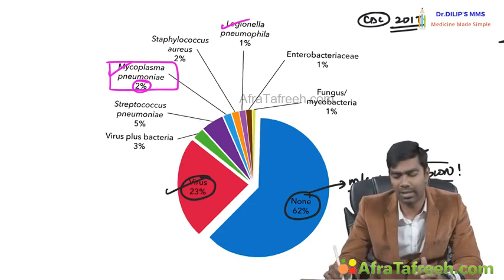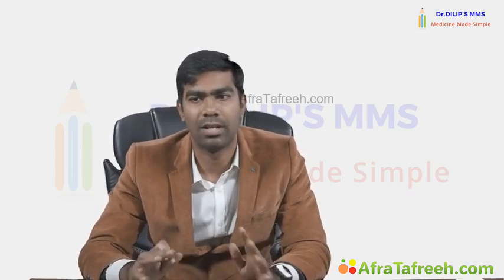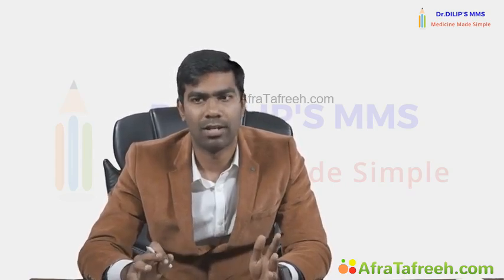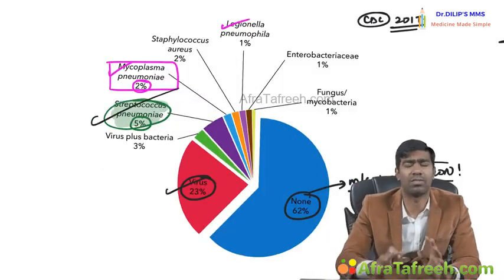Among the typical bacteria, if you see here, Streptococcus pneumoniae is the one that contributes to 5%. See, astonishingly 5%. Like in identifiable cause of pneumonia, pneumococcus is isolated only in 5% of the cases. Mind-boggling. Like nobody would have even expected this result. Everyone as a typical undergrad, and even many of the postgrads, think this is the most common, but it's only isolated in 5% of the pneumonia cases.